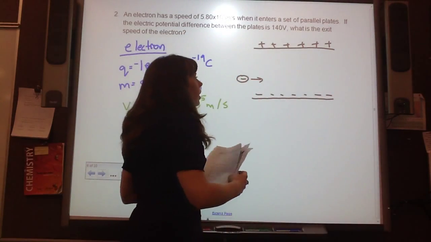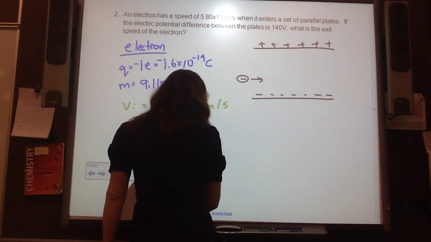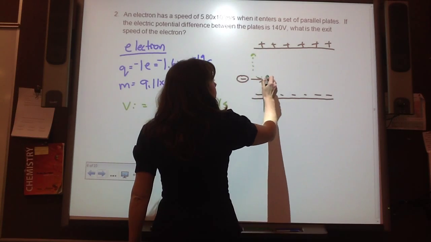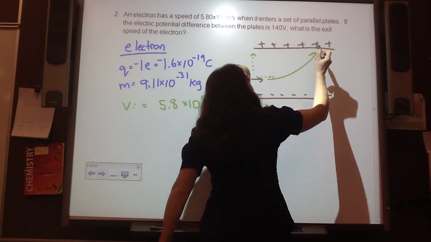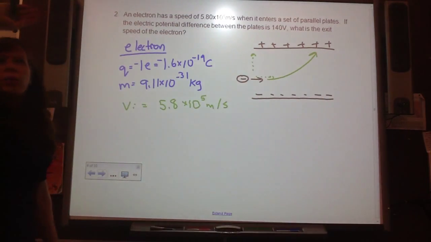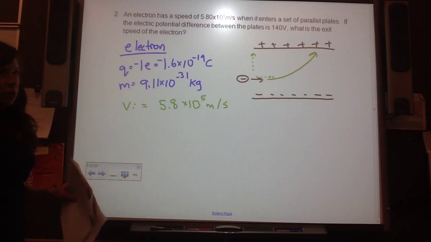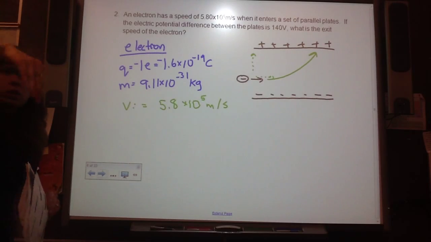So it's going to be attracted to the positive, but it's not going to just go straight up because it has a horizontal motion too. So it's going to kind of go up in a parabolic motion, similar to the way you think about a projectile being launched.